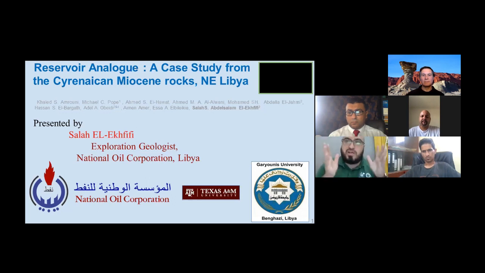So the outcrop work is very important, and at the same time, in order to predict the petroleum system elements from outcrops, using many tools. So 5 tools have been used in order to end up this work.